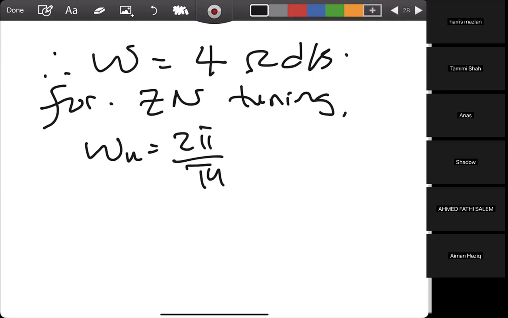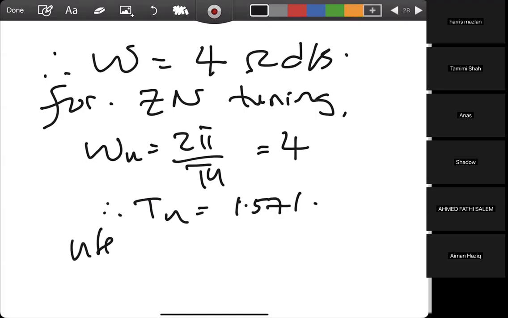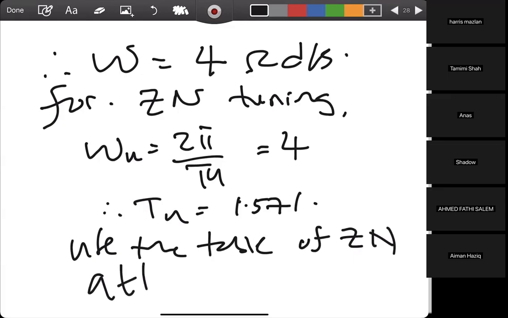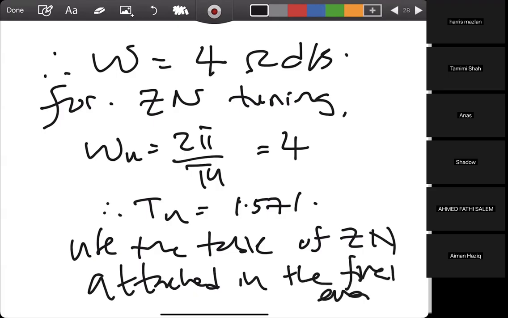So omega u is equal to 4, so that's why Tu is equal to 1.571, okay. Then use the table of Ziegler-Nichols. Attach it in the final exam paper, okay.